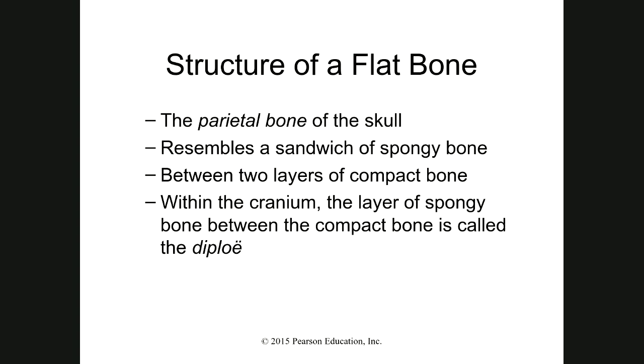So a good thing to know is that most of the bone from the neck down is made by endochondral ossification. But bone from the neck up, a lot of these bones, particularly flat bone, is made in a process known as intramembranous ossification.